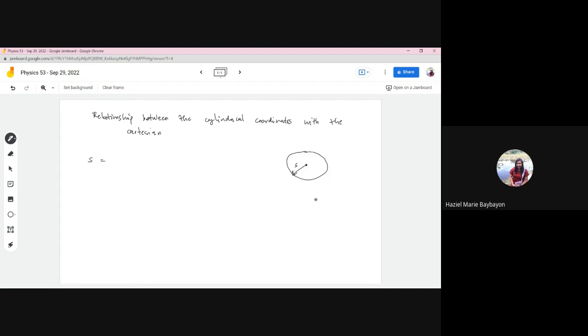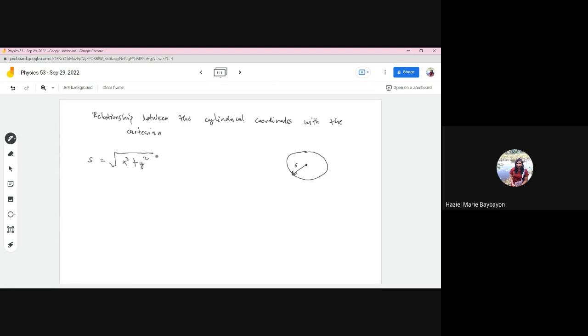So your s is like the radius of your cylinder. Yes, it is the radius of the cylinder. Now, this is equal to the square root of x squared plus y squared.